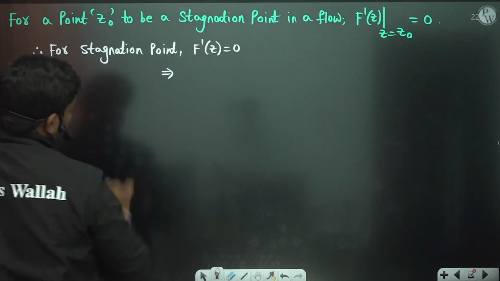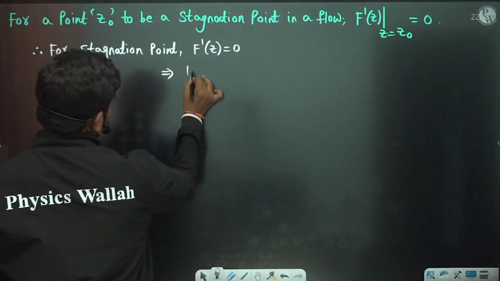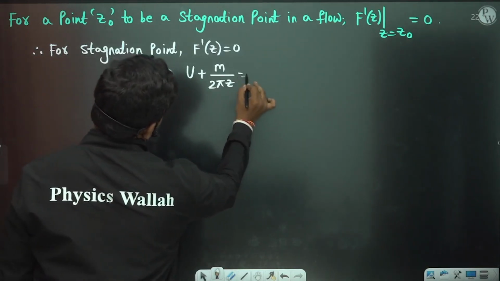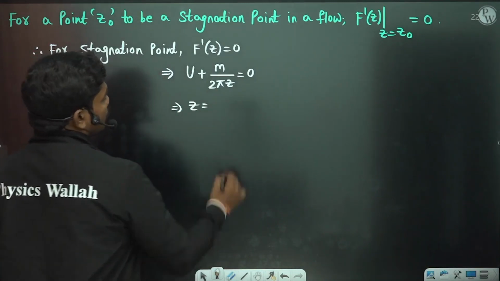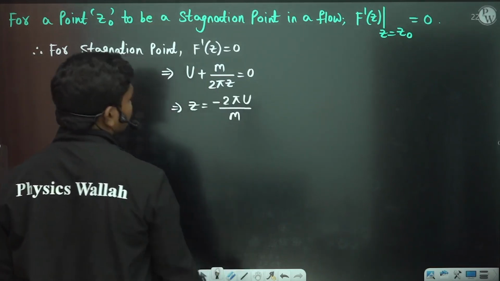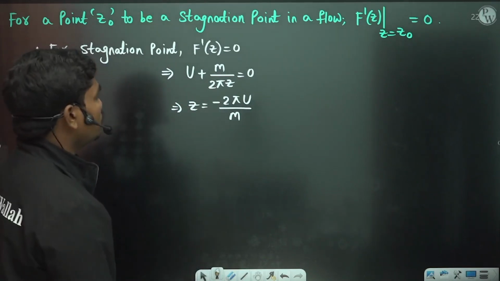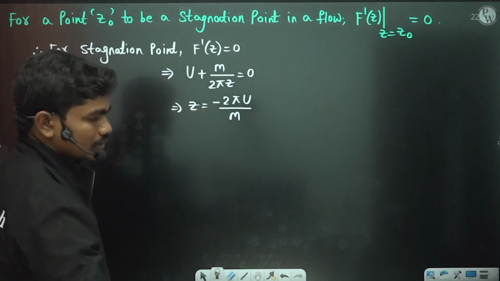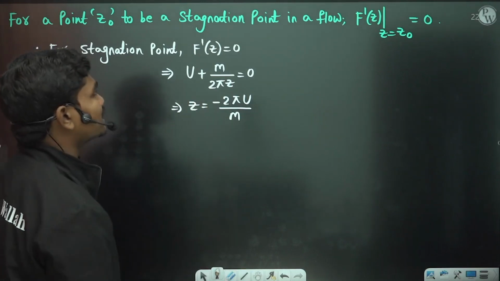This implies u plus m by 2 pi z is equal to 0. So from this equation, z is equal to minus m by 2 pi u. This is the complex number, the location at which you have the stagnation point, and it is on the real axis.